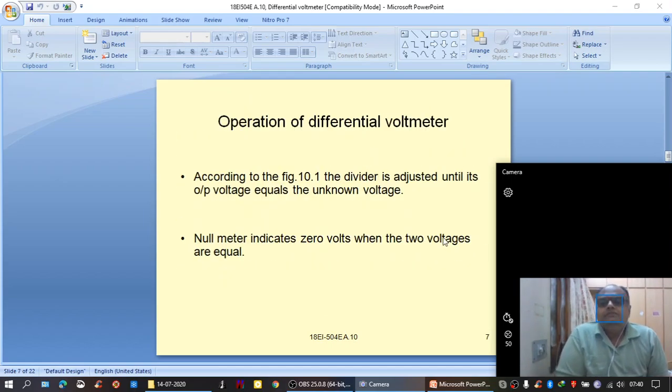According to the figure of differential voltmeter, the divider is adjusted until its output voltage equals the unknown voltage. The null meter indicates 0 volts when the two voltages are equal.